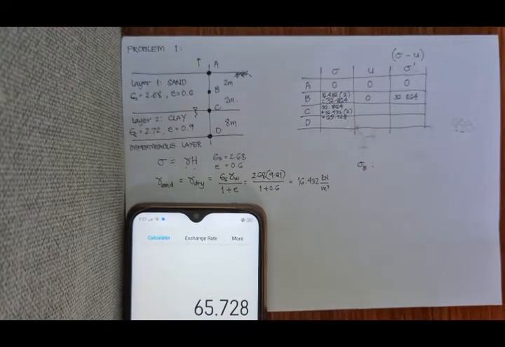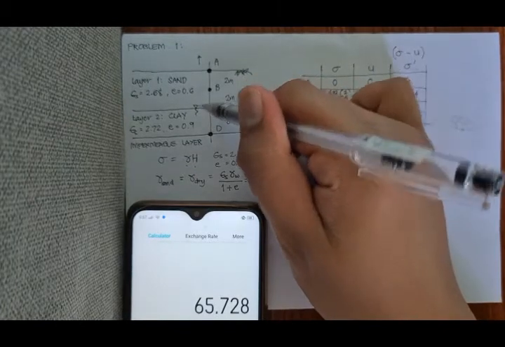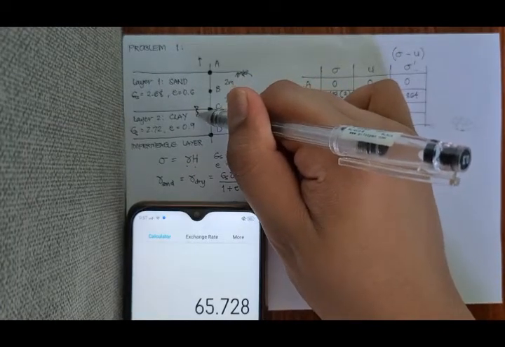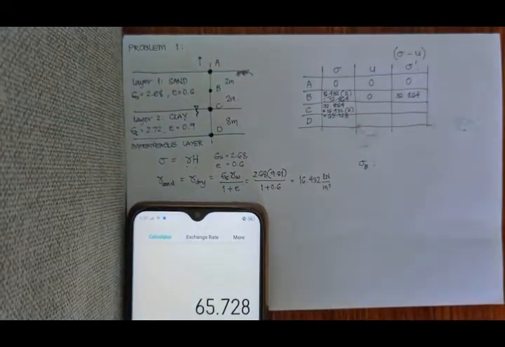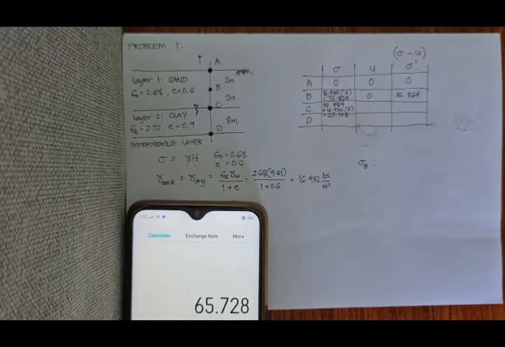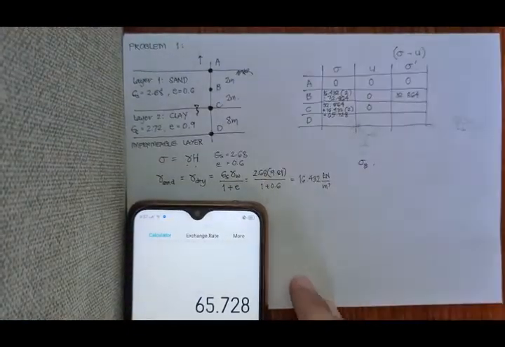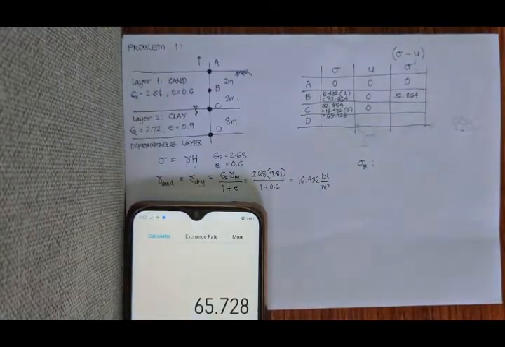Okay? So, at point C nandoon siya sa line ng water level natin. Pero since nandun siya sa water level mismo, meron bang water above point C? Wala. So therefore, 0 pa rin yung value ng neutral stress natin or ng pore water pressure.